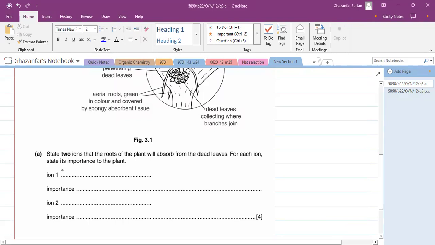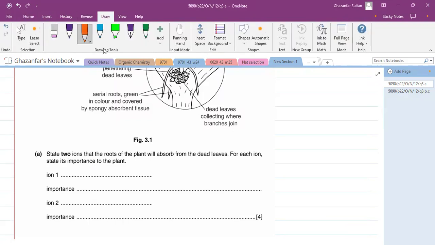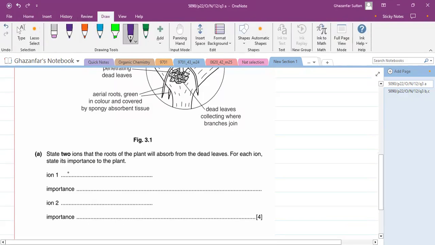So we usually write in our answer, in such cases, one of the ions is magnesium. Magnesium ion, or you can write Mg2+, because they have not mentioned whether we are to write in ionic form or the name of the ion. So we can use either of these. And what is its importance?